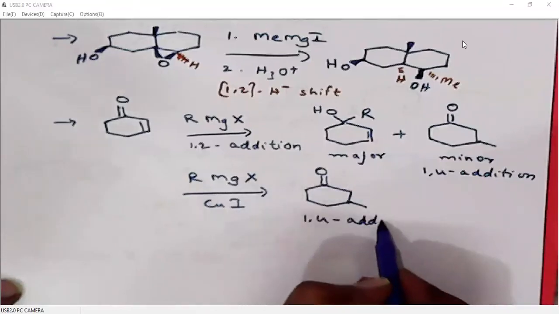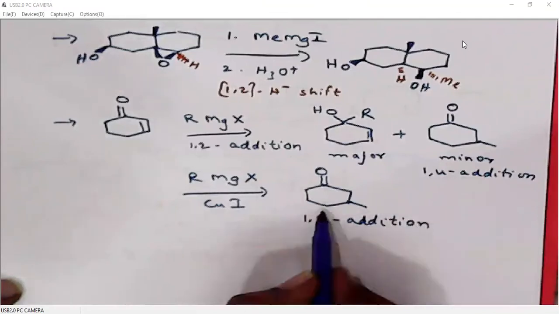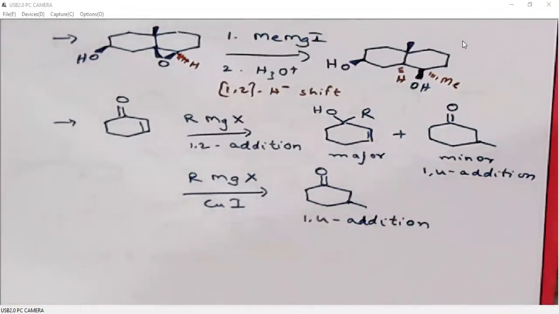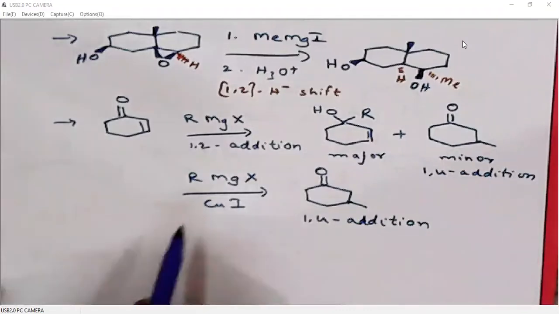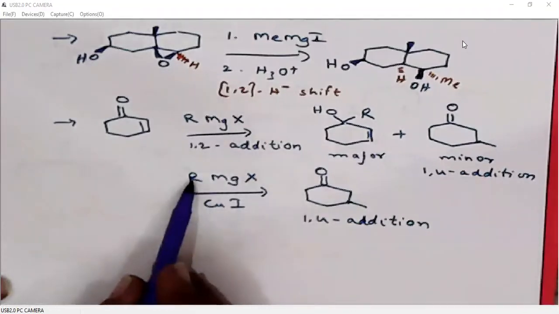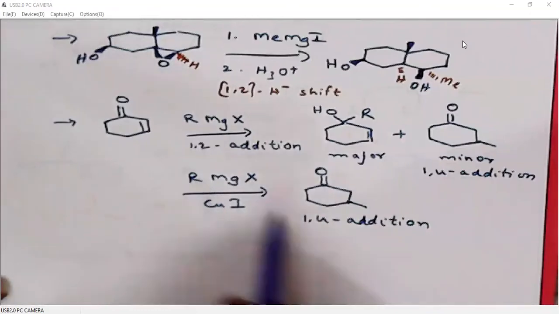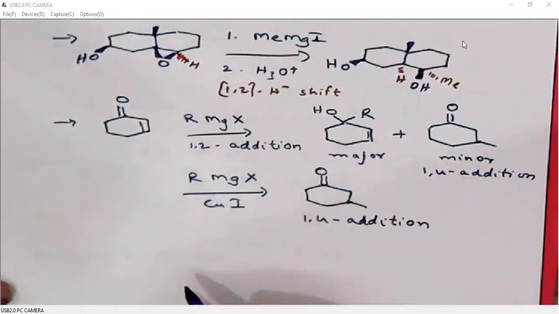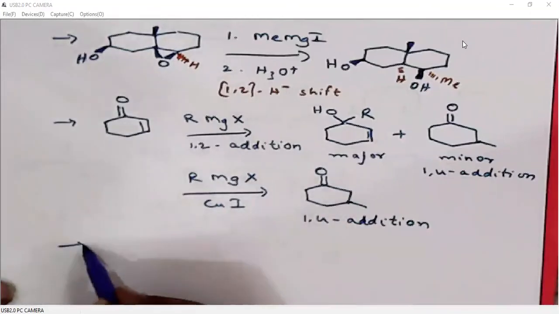So this is the only product. Copper salt along with Grignard reagent makes it soft, so this soft nucleophile now undergoes 1,4 addition.